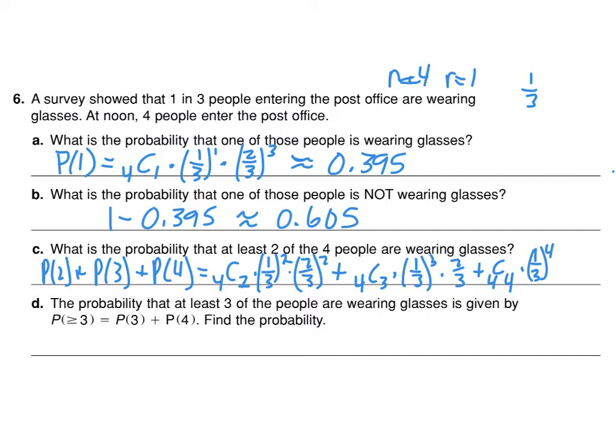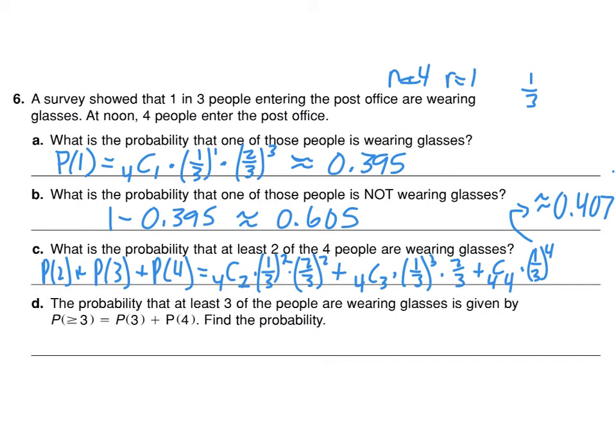I cranked all that out on my calculator, and it was approximately 0.407, or 0.41 if you want to go 2 decimals. Right around 41% probability.